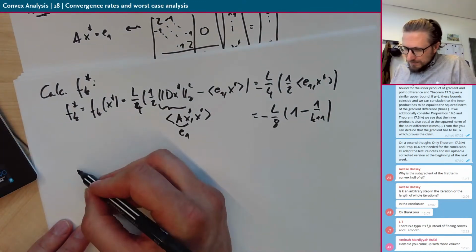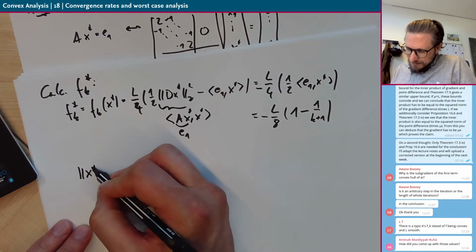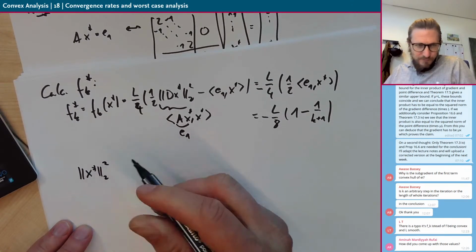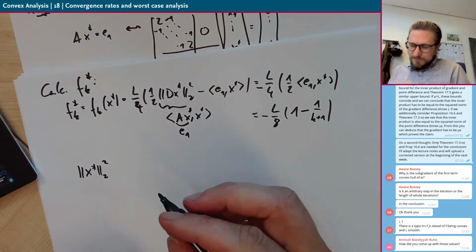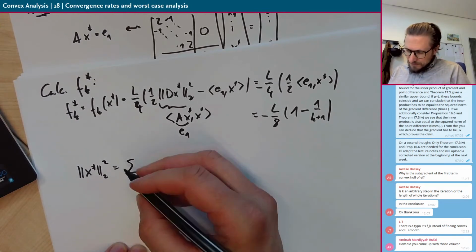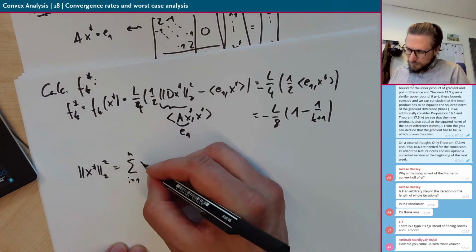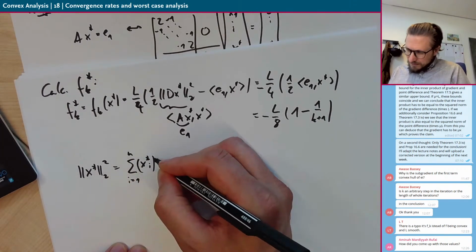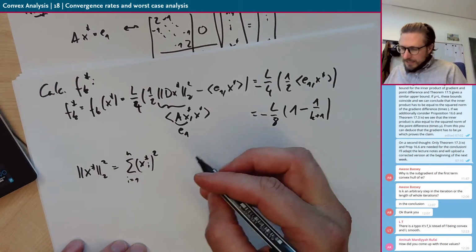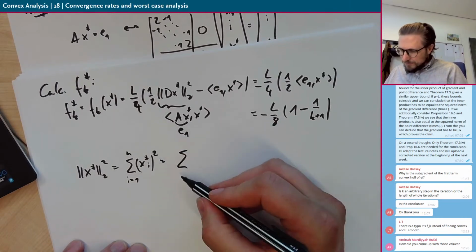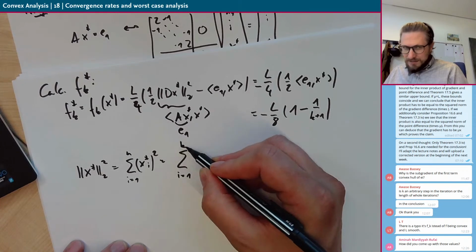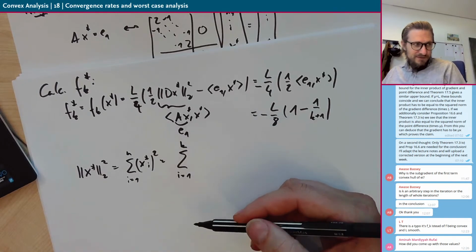And now what is left is to estimate the squared norm of the minimizer. So this is just we sum from i from 1 to n over the ith entry squared. And this is then just, so the sum only goes up to k, because after k all the entries are 0.